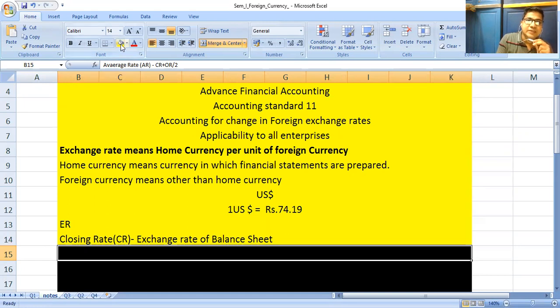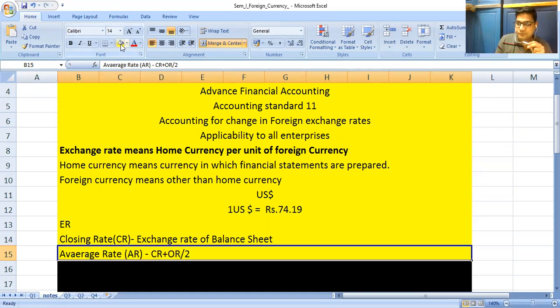Now, one more rate is there, that is the average rate. How will we find it? Closing rate plus opening rate divided by 2, where CR means closing rate and OR means opening rate.